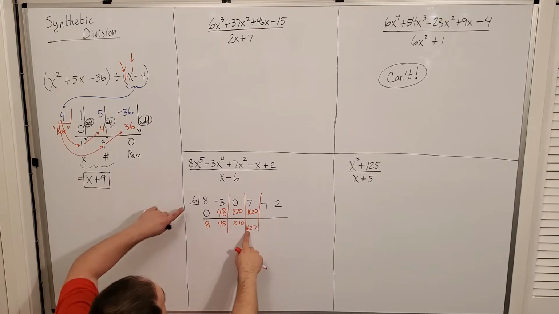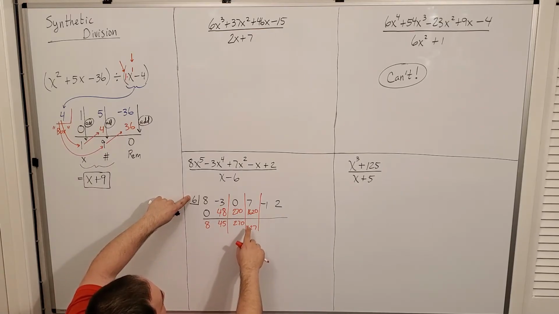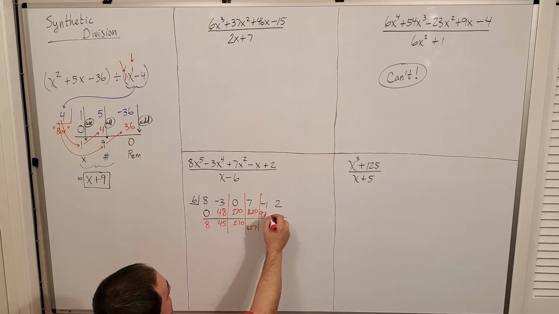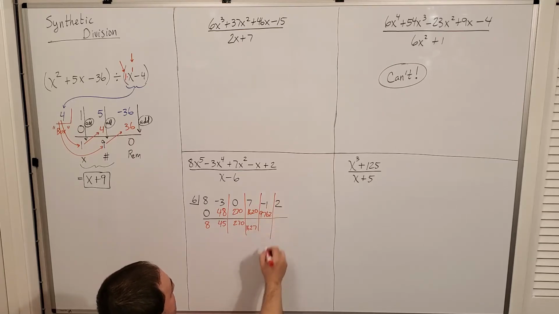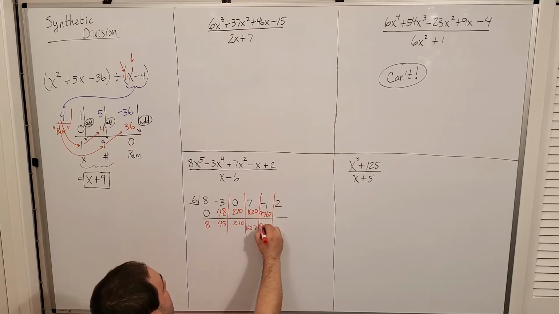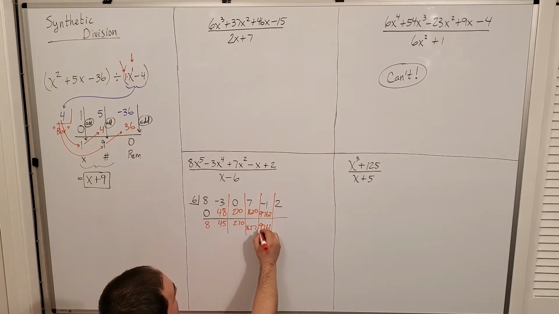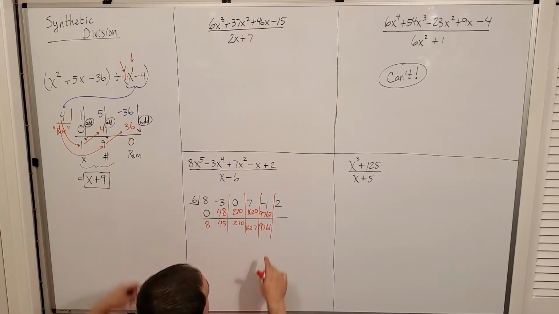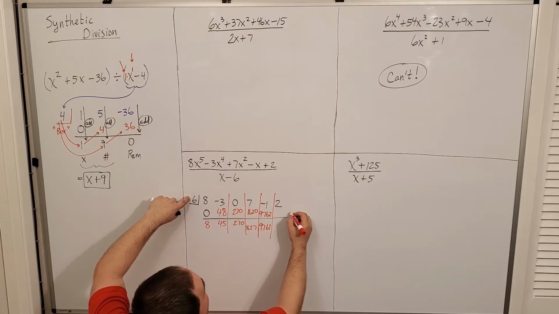All right, times 6, I've got 6,000, 9,600, 9,720, 9,720 plus 42 is 62. Okay, minus 1 is 9,761.